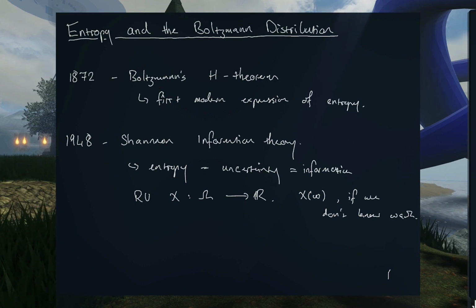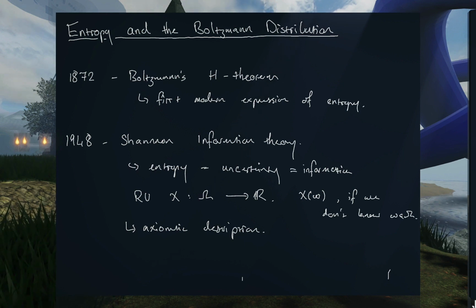So Shannon gives an axiomatic description of such a measurement, and then from this axiomatic description derives an essentially unique measurement, unique up to a change of units, in the case that X is a discrete random variable, so one taking finitely many values.